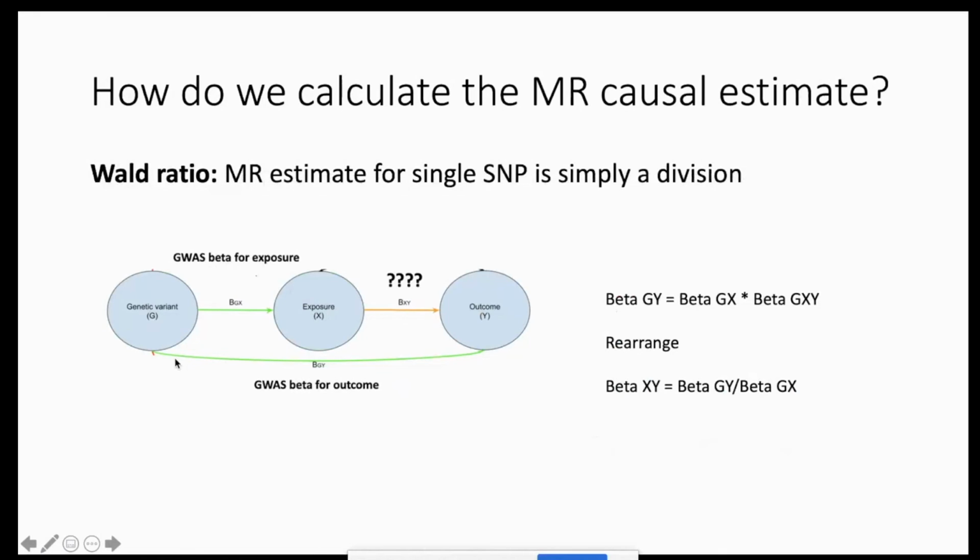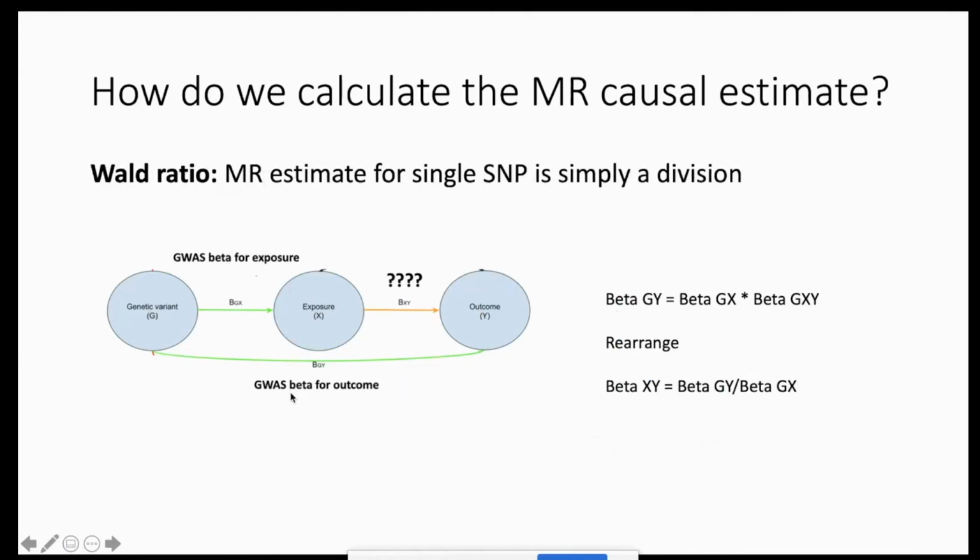So we know that the beta GY, so that's the association between the variant and the outcome, is equal to the association between the variant and the exposure multiplied by the relationship between the exposure and the outcome. Then we can rearrange that to say that the relationship between the exposure and the outcome, so beta XY, or the MR causal estimate, is equal to beta GY divided by beta GX.